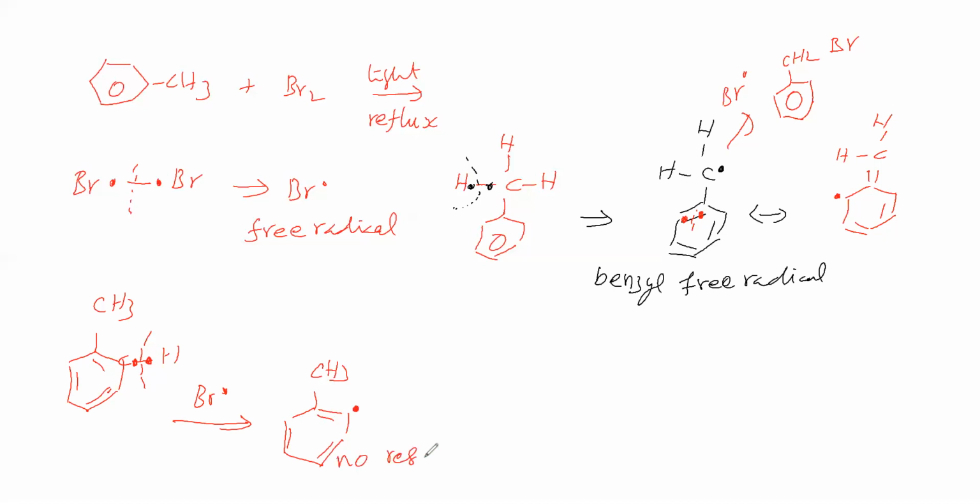No resonance for this. Therefore, this free radical is not formed, but this free radical is formed. Therefore, this is a product, but not this product. Here this CH3, here Br. This product is not possible, but this product is possible.